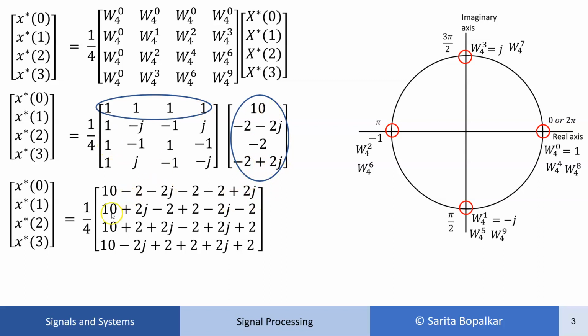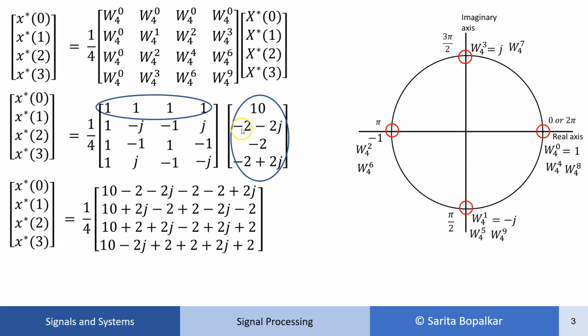Similarly, 1 into 10, second row, plus minus j into minus 2 minus 2j. So minus j multiplied with minus 2 is plus 2j, then minus j multiplied with minus 2j is plus 2j square. j square is minus 1, so it becomes plus 2j square, which means minus 2.